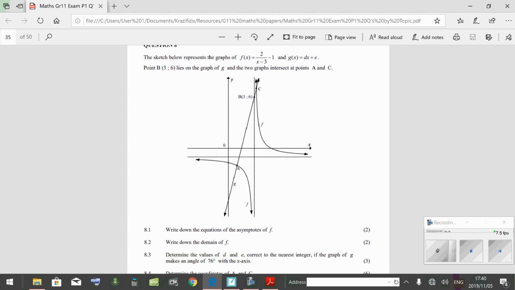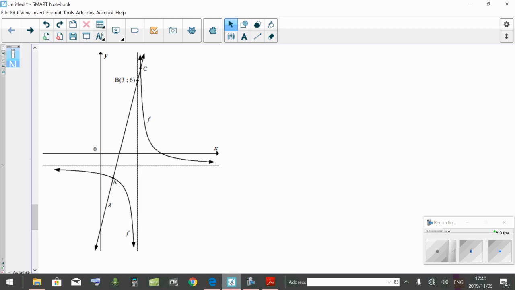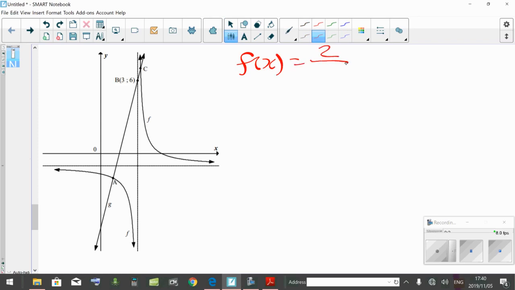Right, so let me just copy these down quickly. f of x equals 2 over x minus 3 minus 1. You also have g of x equal to dx plus e.